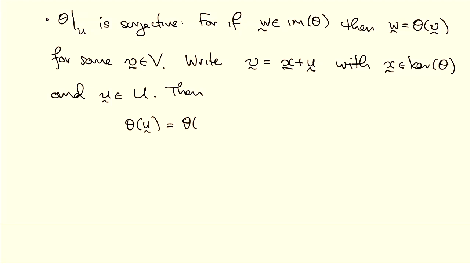Theta of u is theta of v minus theta of x, but x is in the kernel, so that's theta of v, which is w. All right, so it's indeed surjective.